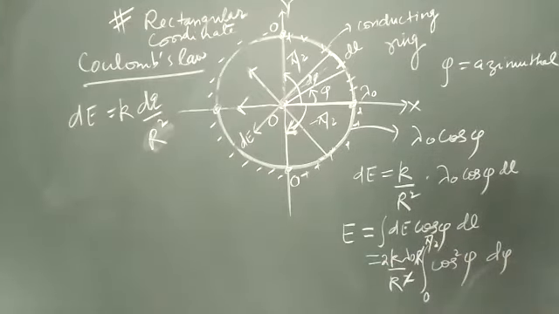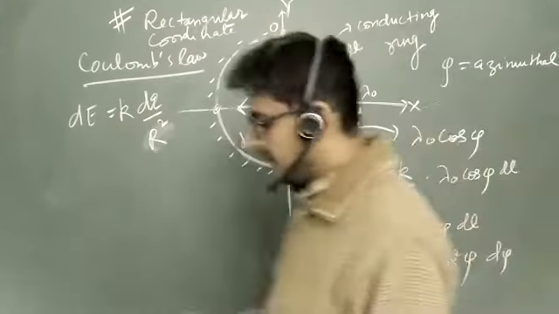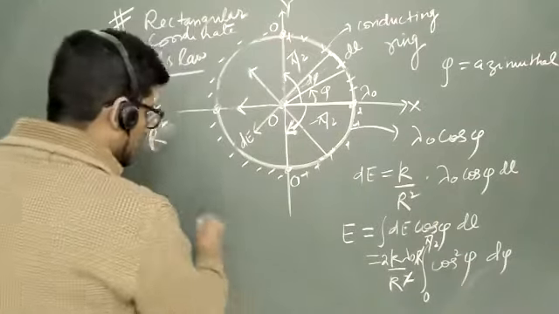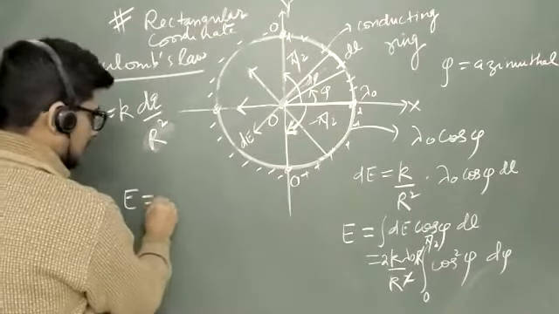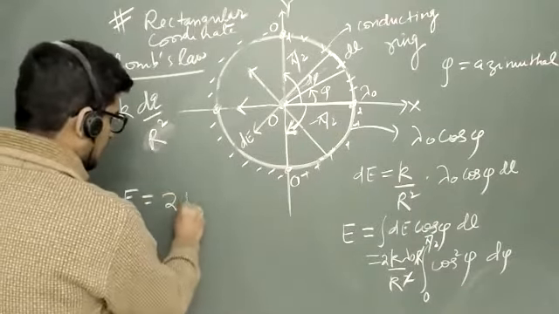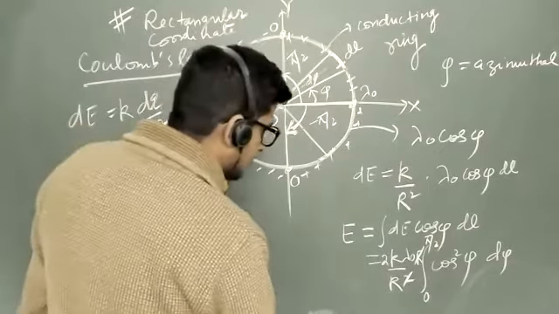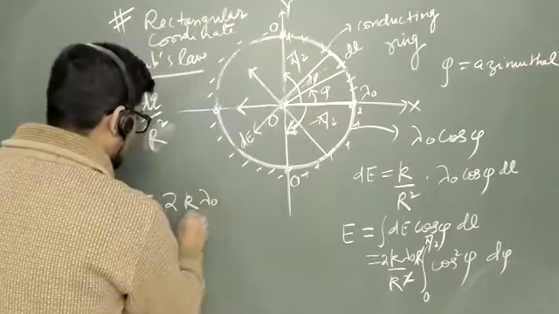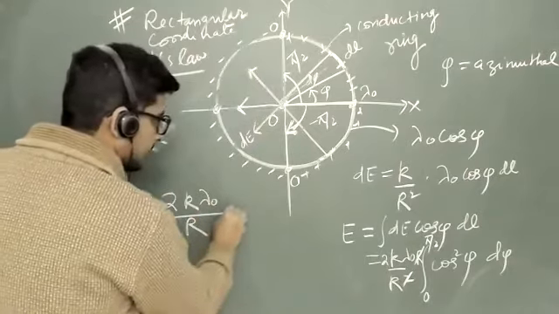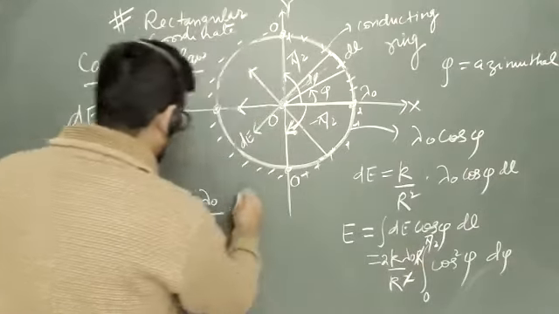The integral of cos square will simply be the upper limit by 2. So it will come out to be, E will be 2 times k lambda naught by r, and the integral will be pi by 4.